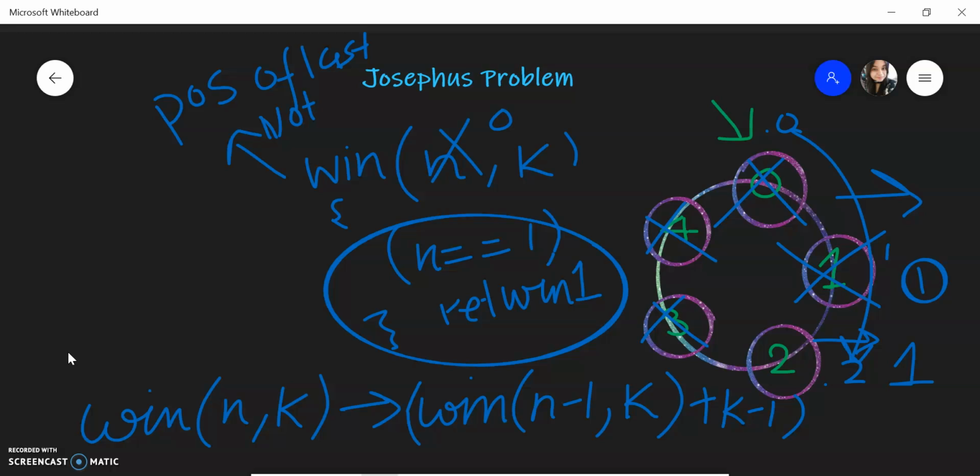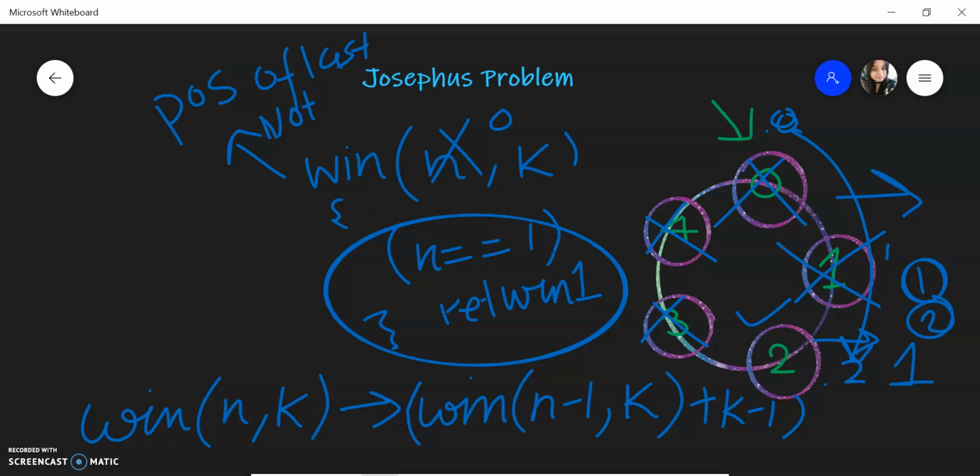Why? Because if this is the last person standing, then with respect to the original array, this is k plus 2, k minus 1, right? So we will add it. But let's consider the second problem we talked about. What was that problem?